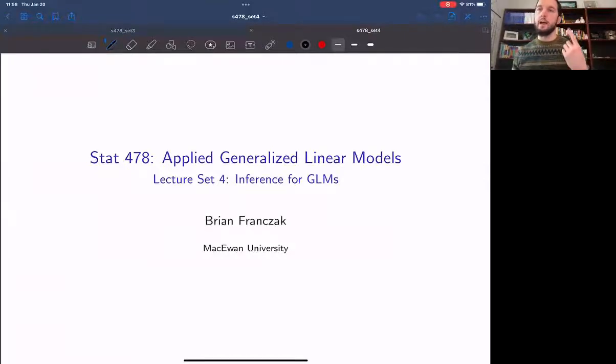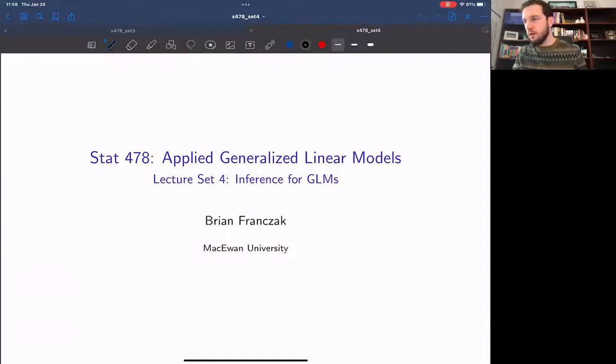Then we asked how we actually fit these models in practice. That's what we just concluded in lecture set number 3, and that's done through the IWLS process. So we have formulation and model fitting. The next thing we're going to talk about, and I realize we're skipping a step a bit, is inference for the GLM. So technically this would be step 4.